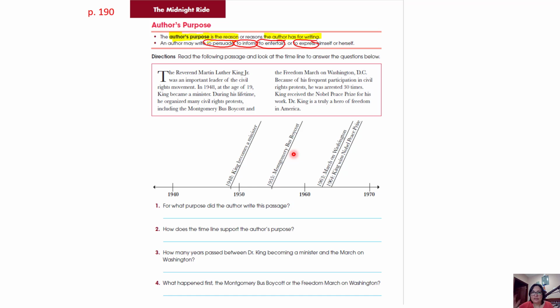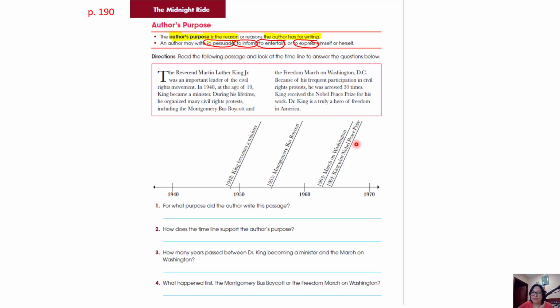He went to the street with people to protest. In 1963, he was in a march on Washington. March, not a month, a march, marching, okay, in a protest. In 1964, King wins the Nobel Peace Prize, el Premio Nobel de la Paz.